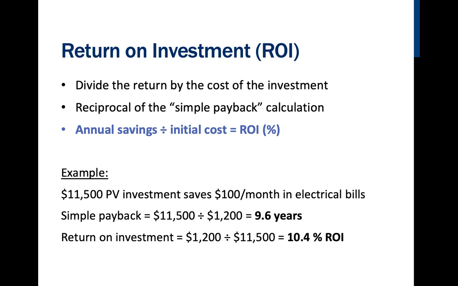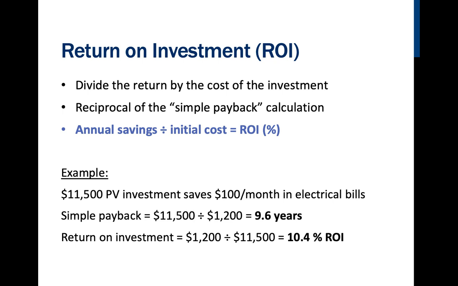So I'm going to take X amount of dollars that I'm going to be saving, and I'm going to divide it by my initial cost, and that'll give me my return on investment. So now this is going to be in a percentage, and so now I can take that percentage and compare it to the percentage of return on a T-bill.